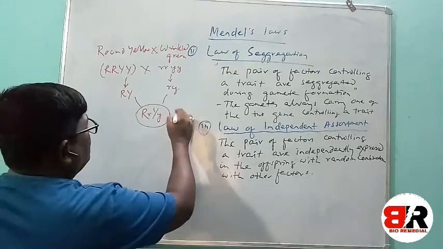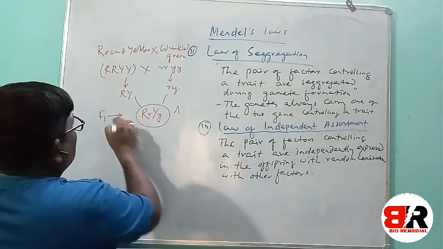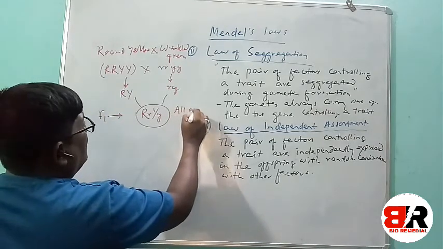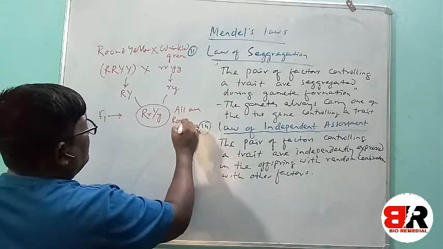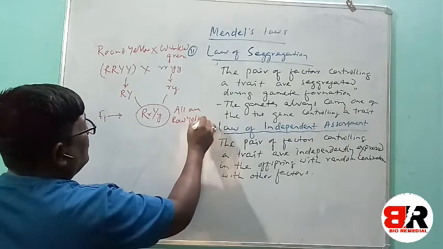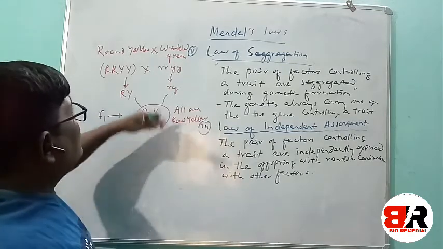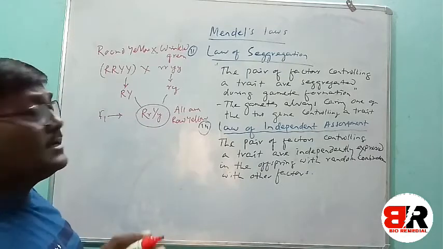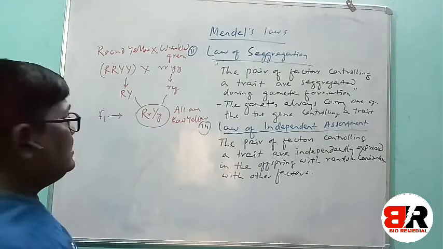The result Mendel obtained in the F1 generation is that all are round yellow. So Mendel found that the wrinkled green characters are totally suppressed in the F1 generation.